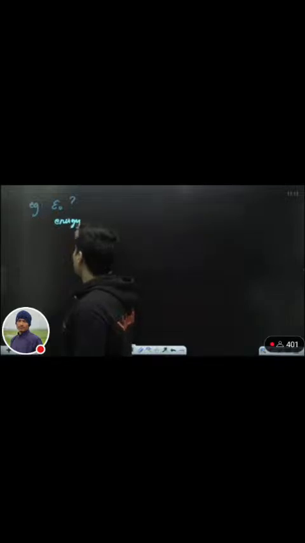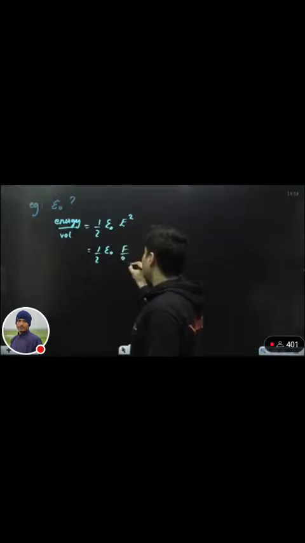Again, mu naught's dimensions... I think you can use energy density. Think about it. The energy per unit volume is nothing but half epsilon naught electric field square, and electric field is force by the charge.